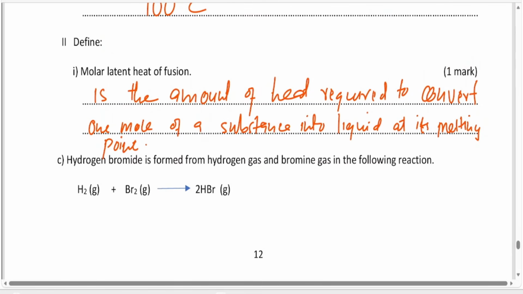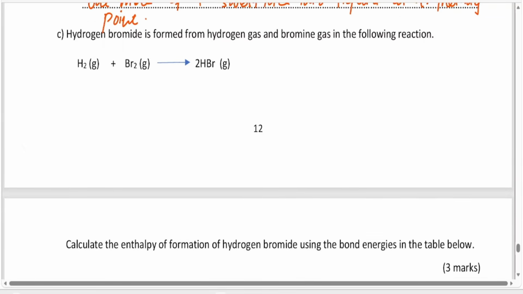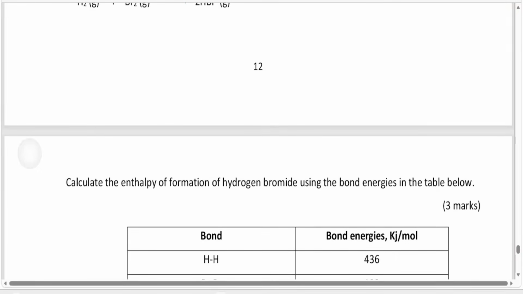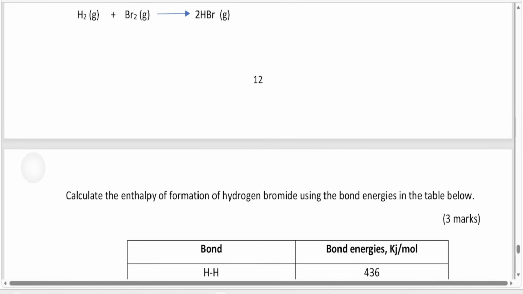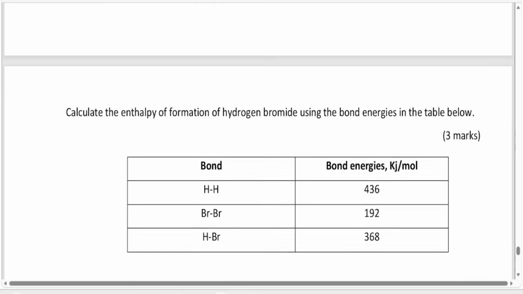Moving to the next question, part C. Hydrogen bromide is formed from hydrogen gas and bromine gas in the following reaction. Calculate the enthalpy of formation of hydrogen bromide using the bond energies below.